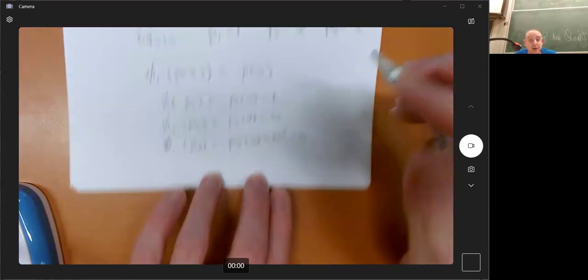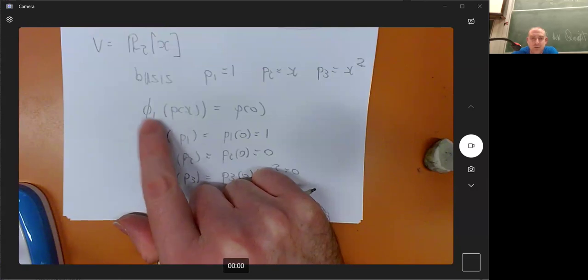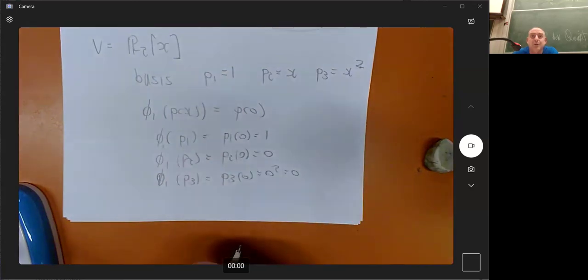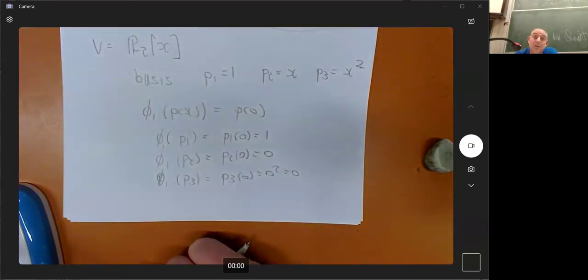So this is definitely the dual basis linear functional that goes with this basis polynomial. But no other subbing in is going to work because they're always going to have a 1 in this spot. So I'm going to have to do something else.